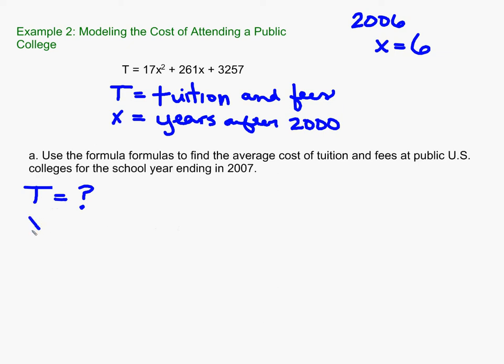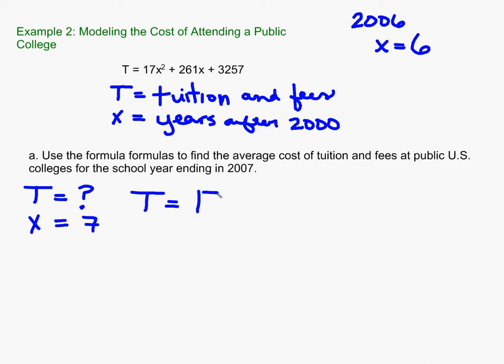x, if our year is 2007, that means that x is going to be equal to 7. Again, I would highly suggest that you always state what your variables are, what the one is that you're trying to find, and the variable that you have. So t is what I'm trying to find, x is what I have. So I'm going to go ahead and solve for t by inputting 7 for my x's.